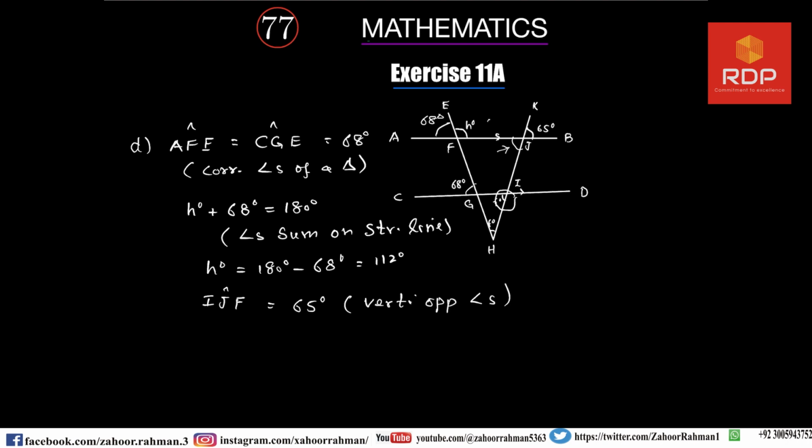So now we can say that HIG is equal to IJF, which is equal to 65 degree. So we can say that I degree is equal to 65 degree due to corresponding angles again. So in this way we found it.